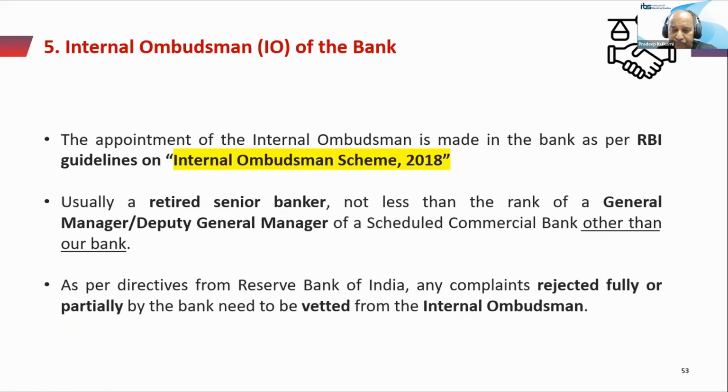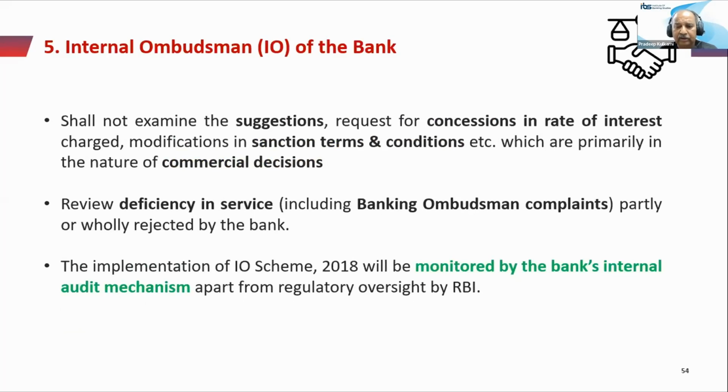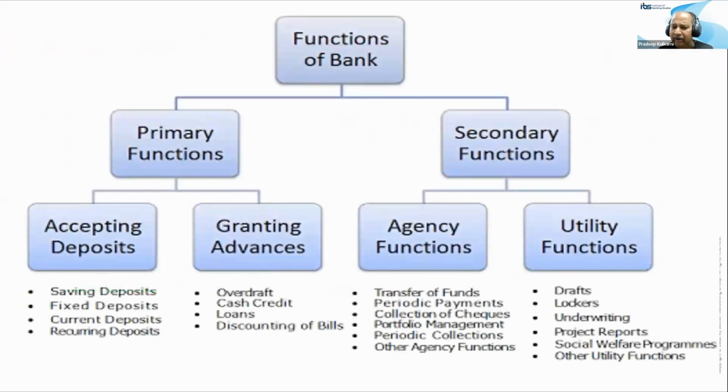After the customer's complaint is resolved by the bank, if anyone has any grievance, he can approach the internal ombudsman first, who will try to resolve it. In case even that is not solved, then the matter may go to the integrated ombudsman.